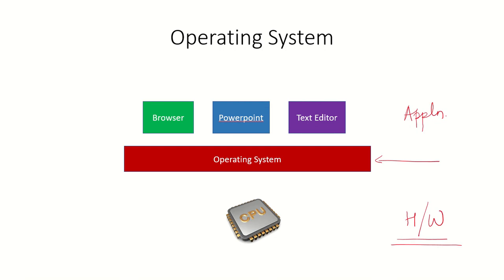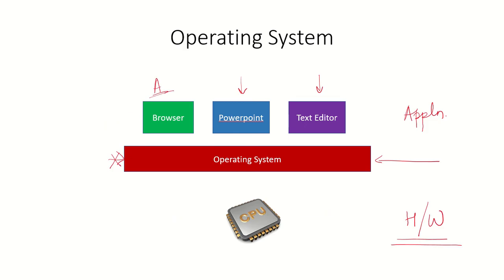Now suppose the user had direct access to the devices or the resources of the system, suppose the operating system was not present. Now this application could take control of the processor and would not release it, with the result that the other applications or other users, if it is a server system, would be waiting in queue for this particular application to release the processor.